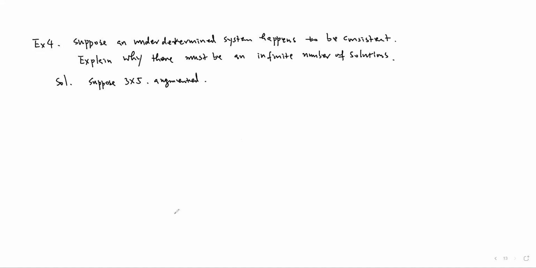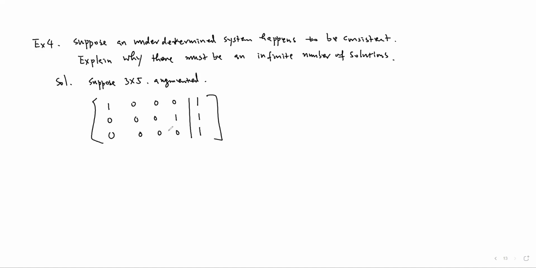An underdetermined system can be inconsistent, can be consistent. Say, for example, 1, 0, 0, 0, 1, 0, 0, 0, 1, 1, 0, 0, 0, 0, say 1.